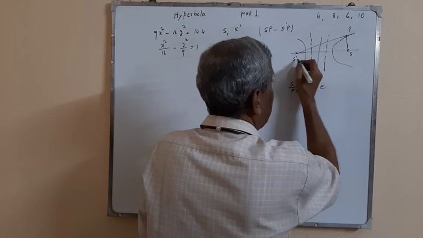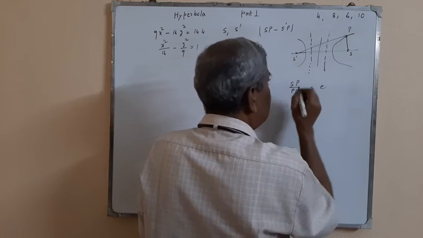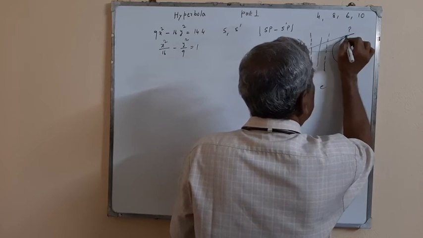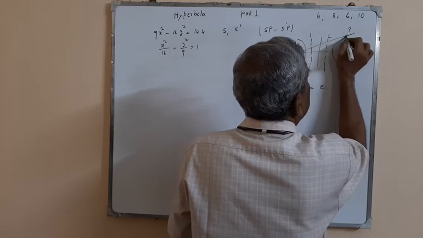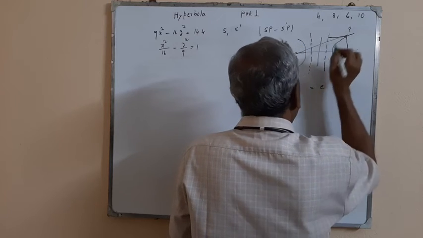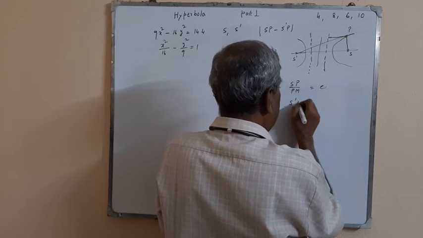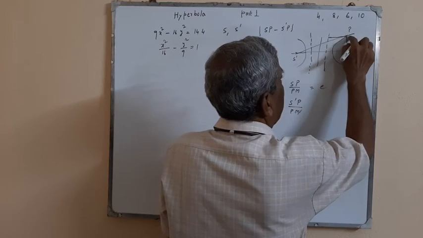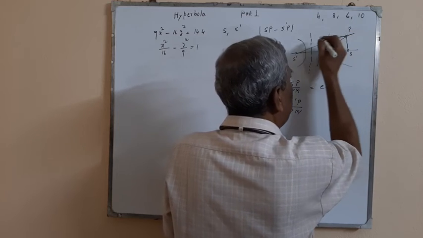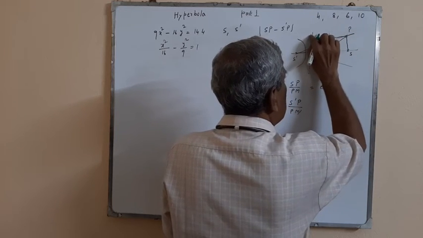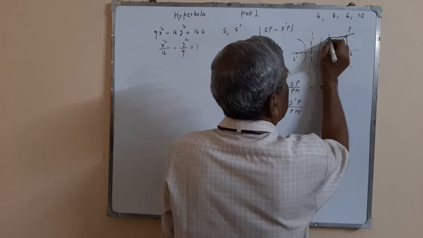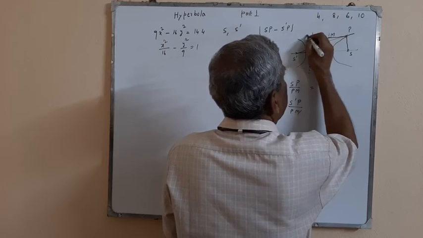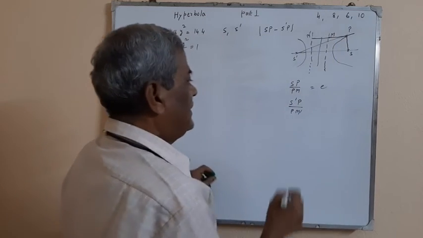And similarly S dash P by PM dash: perpendicular is drawn from P to the directrix, and to its corresponding directrix. This is nothing but that same line from P. This is M, this is M dash. This is also e.